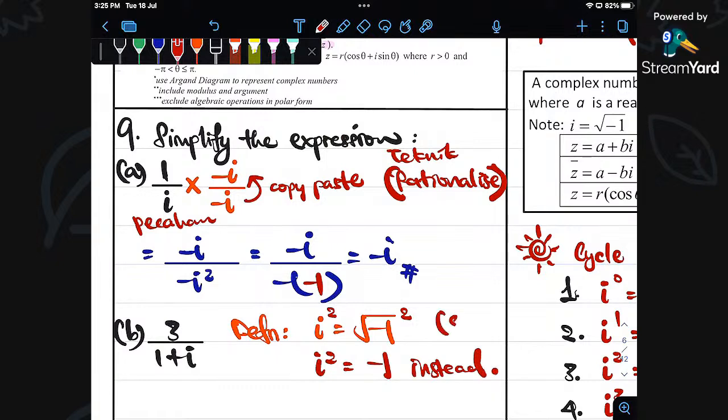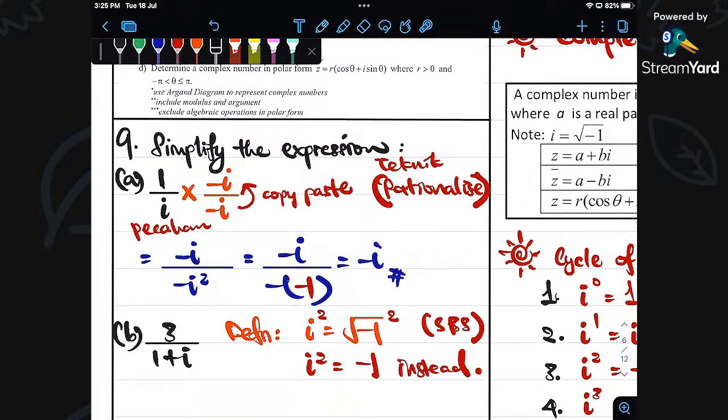What you do is just square both sides. Kuasa dua kan kedua-dua belahnya. So negative 1 darab negatif adalah positive 1. Tak perlulah letak di bawah. So the answer is just negative I. Faham? Kalau faham, type faham.